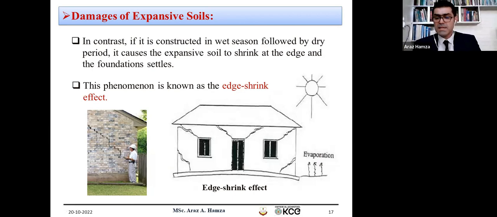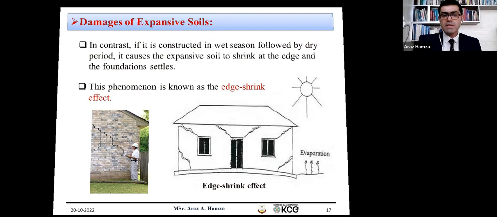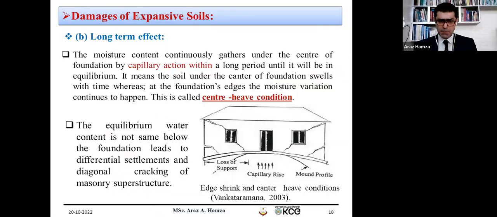Why? Because the sun's effect couldn't affect the center of the building, but can change the water content beside your building. This is the second phenomenon, named the edge shrink effect. Both phenomena can be called the short-term effect.